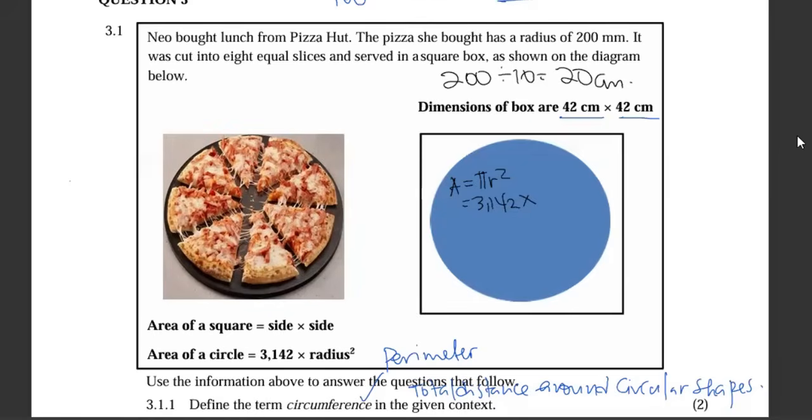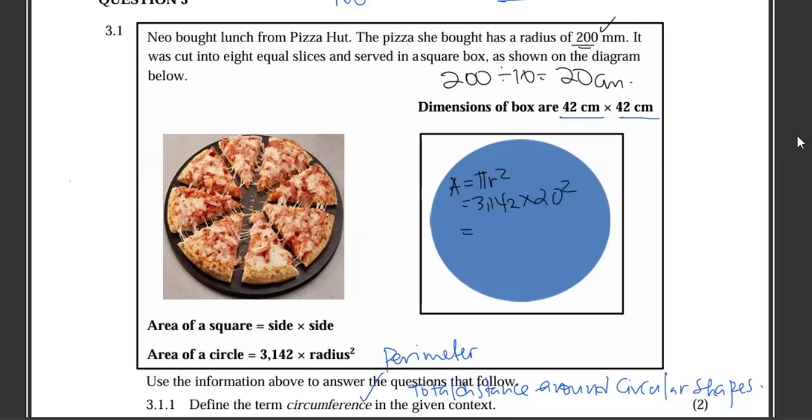So we are saying we have to find the area of the pizza, and they have given the radius here, but the radius has to be in the same units as those of the box. So we've already changed it and it became 20. So it's 20 squared.